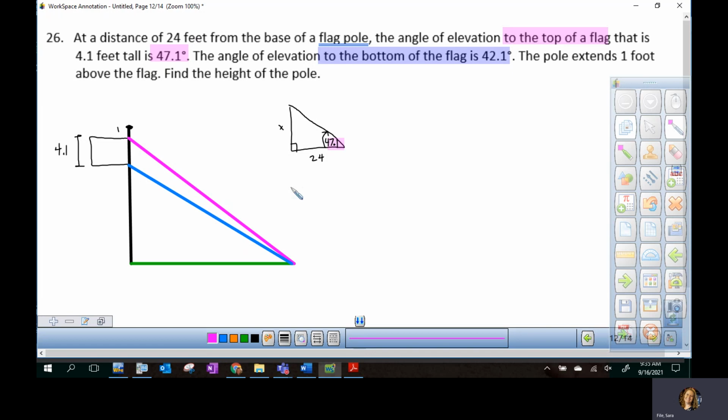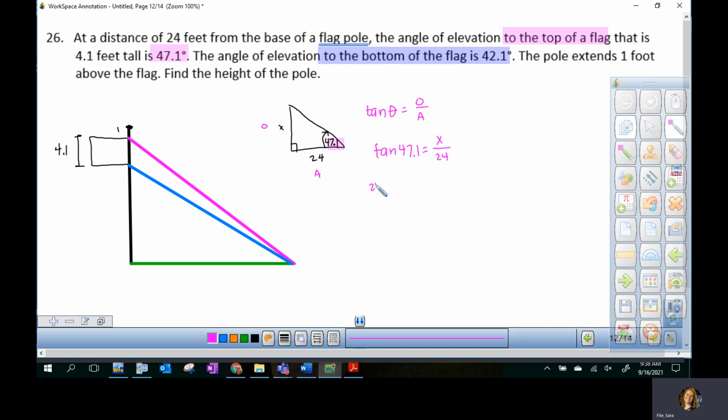So from that angle, this is opposite and adjacent. So I'm going to use tangent. It's the numerator that's missing once I get everything plugged in.